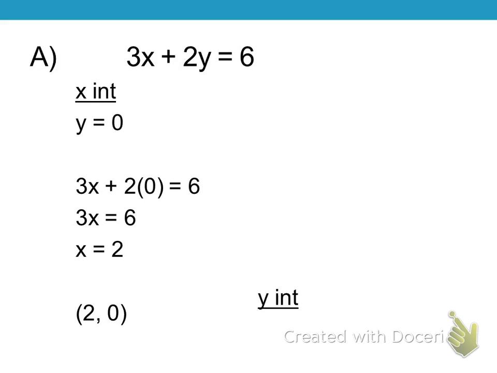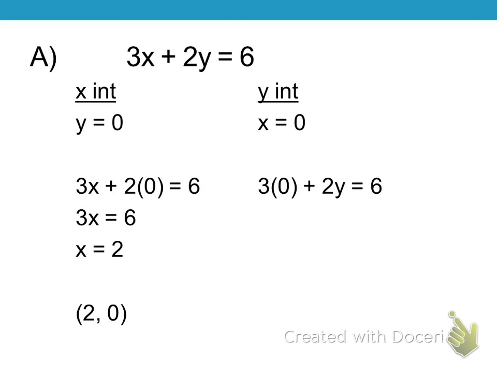All right, next I need to find my y-intercept. Now what am I going to do? Yeah, you're going to make x equals 0. So now I'll have 3 times 0 plus 2y equals 6. You can almost just take your hand and cover up the x term and solve that equation.